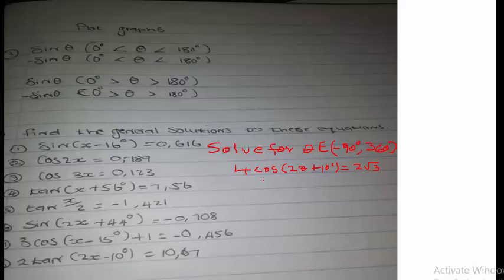You're looking for the cos, so you divide both sides by 4. On the left hand side, you will have your cos of (2 theta plus 10), and on the other side, 2 goes into 2 root 3 twice, so you have root 3 over 2.